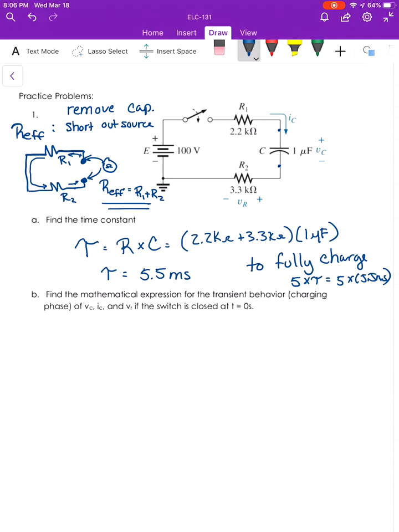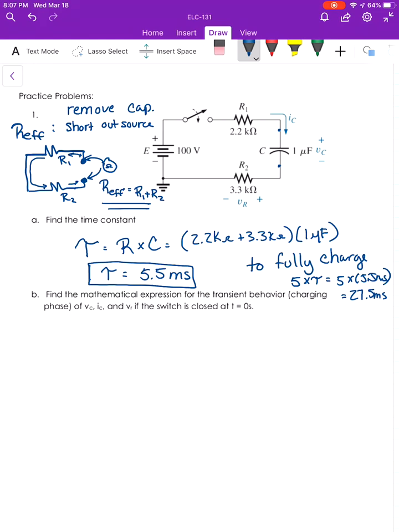So to fully charge this entire process would take 27.5 milliseconds. But this right here is tau, and we really need to know that. And we know that it would take 27.5 milliseconds to fully charge our capacitor.